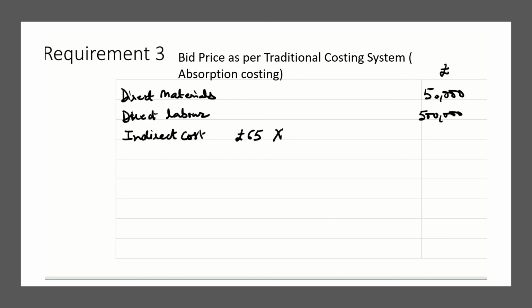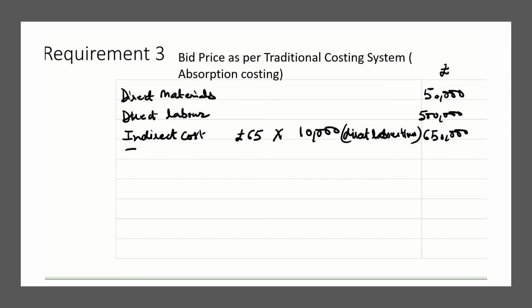And how many labor hours do we require for manufacturing of these 50,000 baby car seats? We have been given the information that 10,000 direct labor hours are required. So that comes to 650,000.